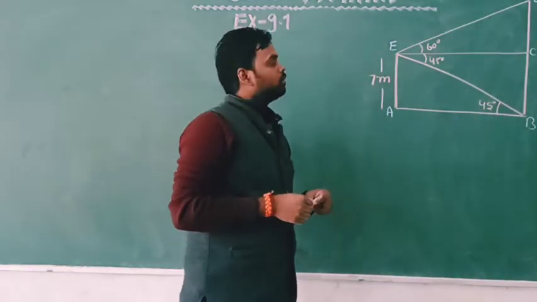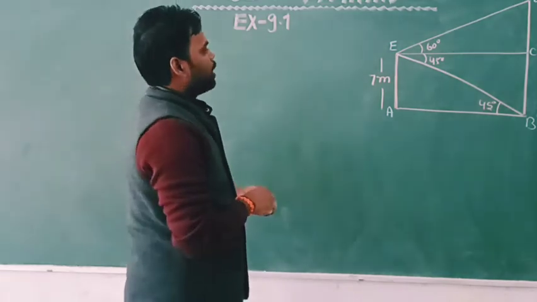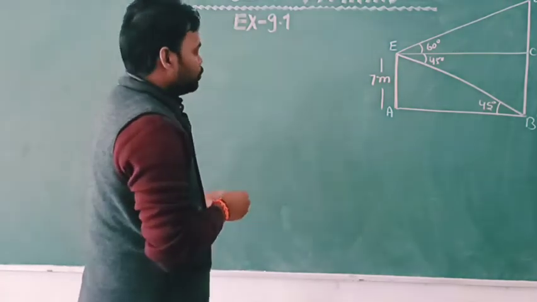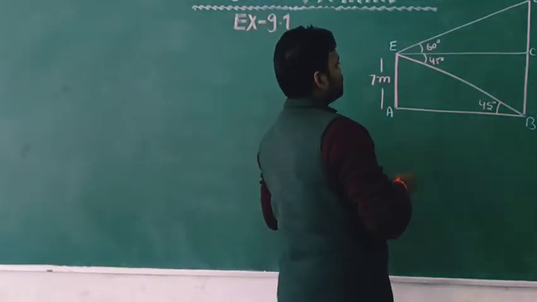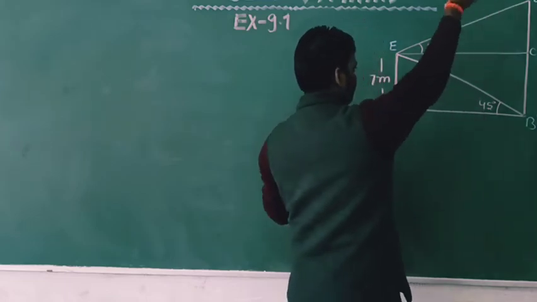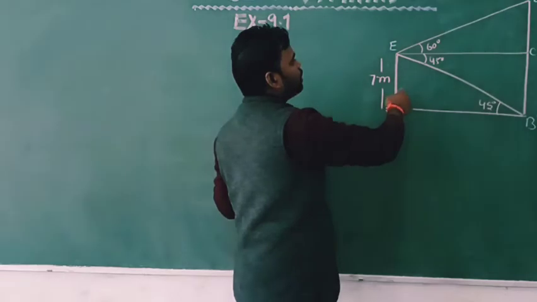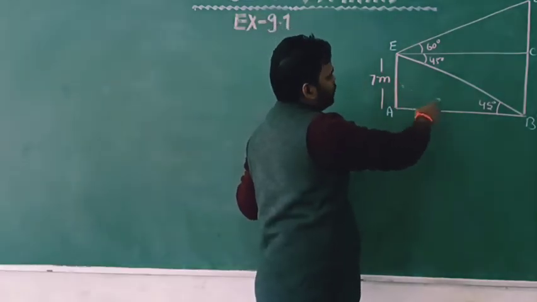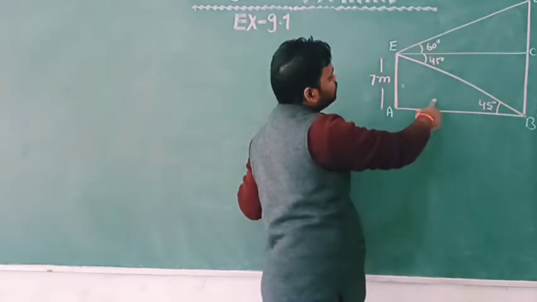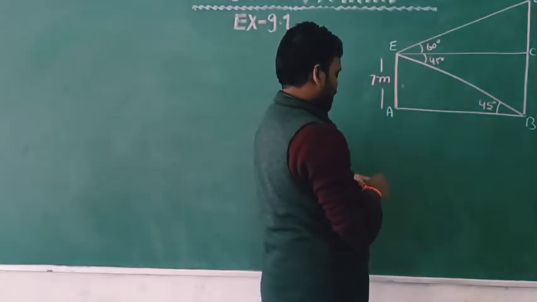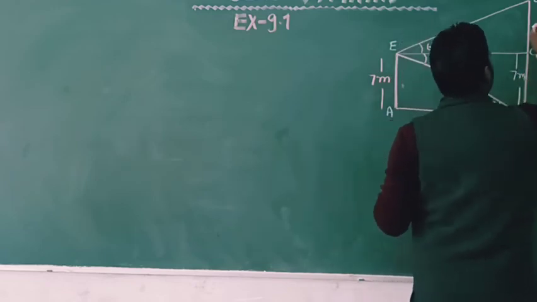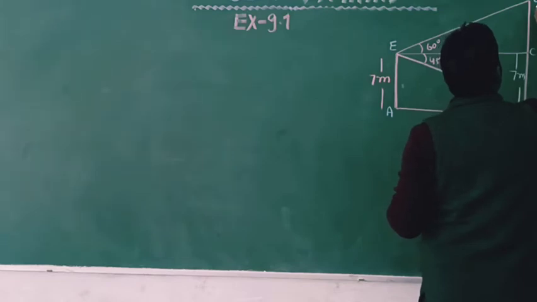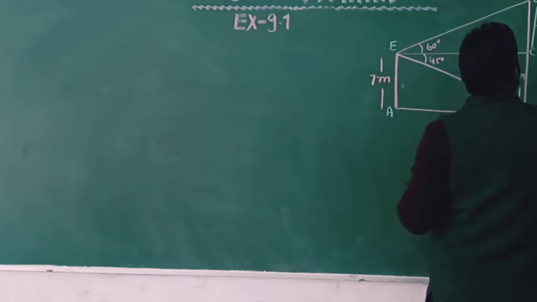Then we need to find the height. We also mention here this is 7, then this is also 7 meters, and from C to D the height is h minus 7 meters.